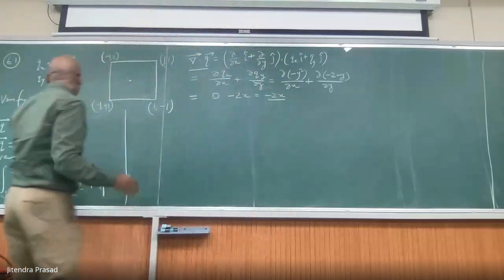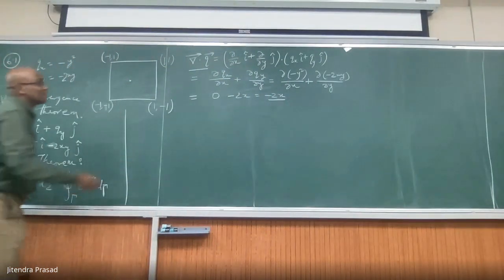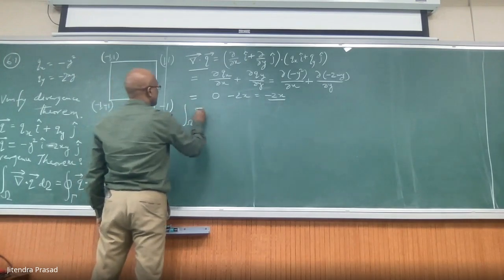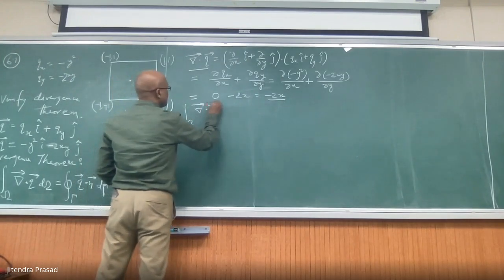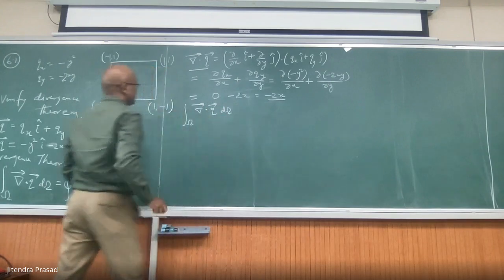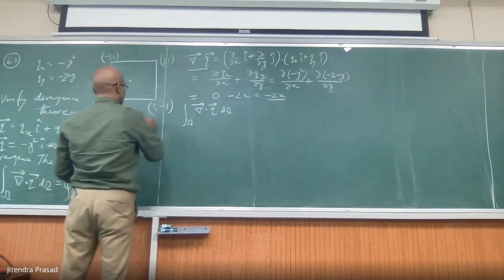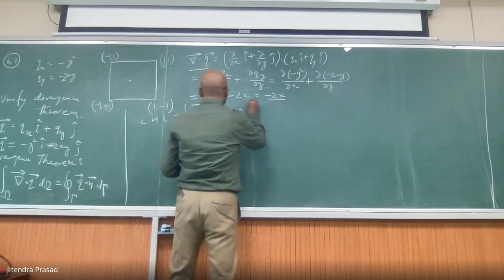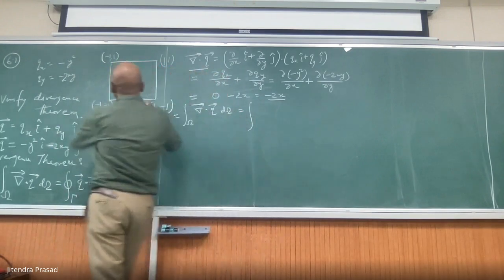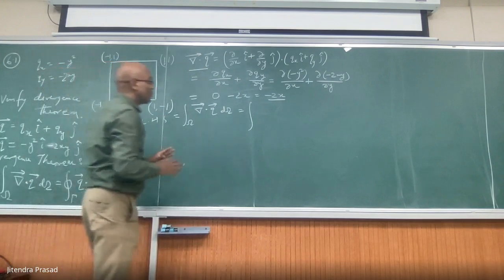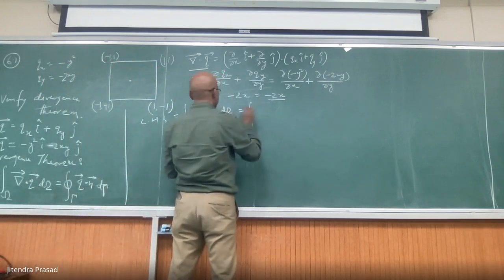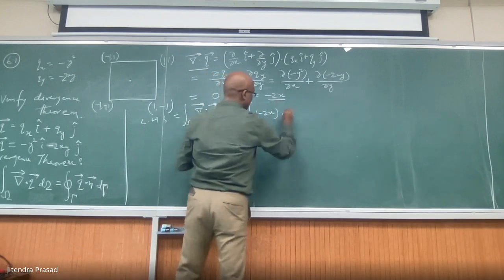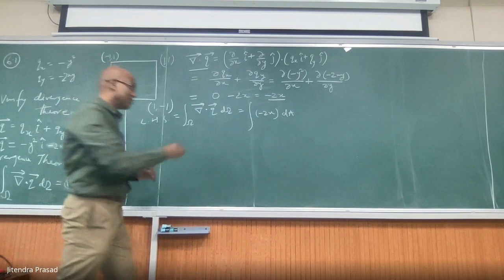Once you have that, you integrate it over the whole domain. This is the left hand side, the integral of divergence of Q d omega. The whole domain means over the whole area, so it is minus 2x over the whole area.